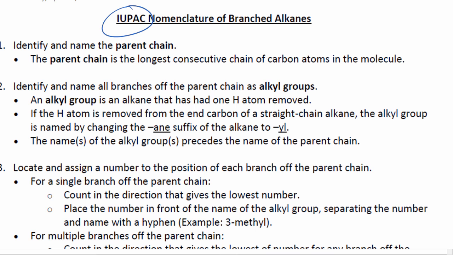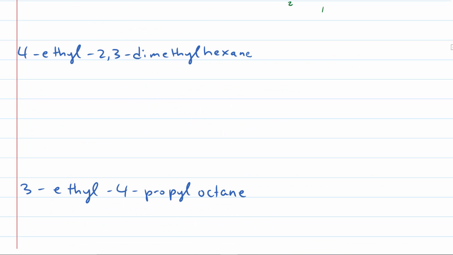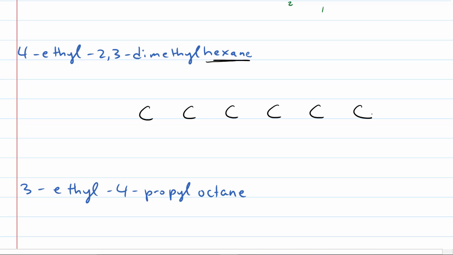The parent chain is given in this case, so working the other direction, we look at this portion of the name, and this portion tells us how many carbon atoms are in that parent chain, and how many would there be? 6. So we put in 1, 2, 3, 4, 5, 6 carbon atoms. So that takes care of the hexane.